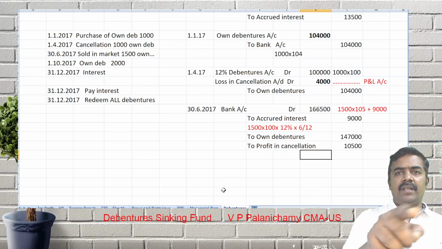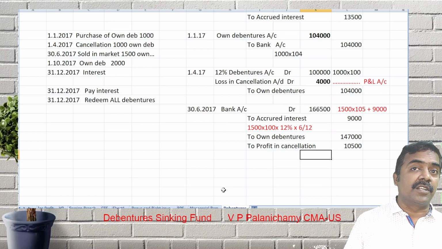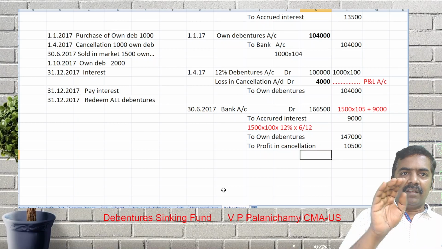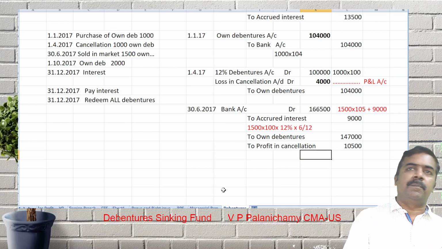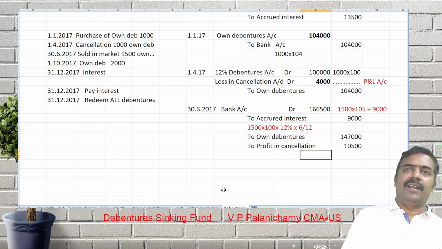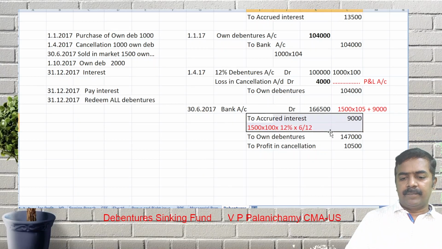For example, he purchased debentures on 15th December. On 31st December when we pay interest, how much debenture interest will go to him? Full year debenture interest will be paid to him. That's why when he purchases debentures from me, he has to pay interest and buy. Similarly, when I sell, I will ensure that I collect the interest for that period and sell it. That's why accrued interest will be collected here.